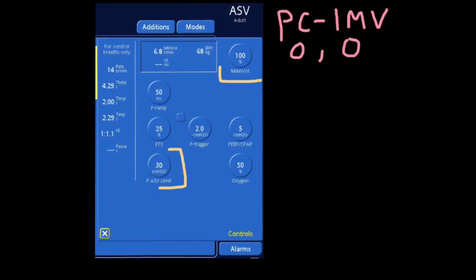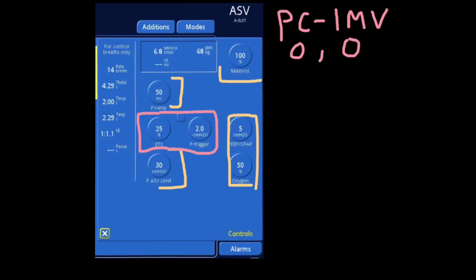The P ramp, or the pressurization rate or rise time, is for both my spontaneous and mandatory breaths. And of course, my PEEP and oxygen. Now for my spontaneous breaths, the only thing I'm going to set is the ETS, my expiratory trigger sensitivity, on how the breath is going to end based on flow criteria, and the patient trigger.